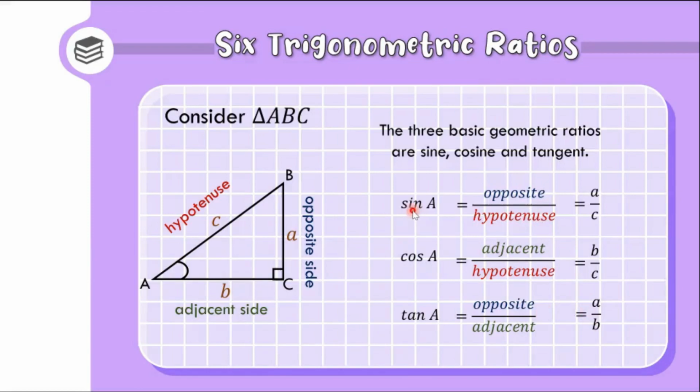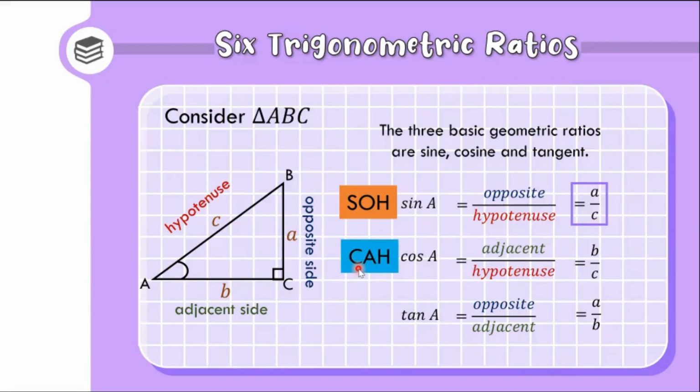So for us to easily remember and find the sine, cosine, and tangent with respect to the given angles, let us remember SOH. SOH means sine is equal to opposite over hypotenuse. So that is for the sine. Therefore, sine A is equal to a over c. Next, for cosine, we will have CAH.